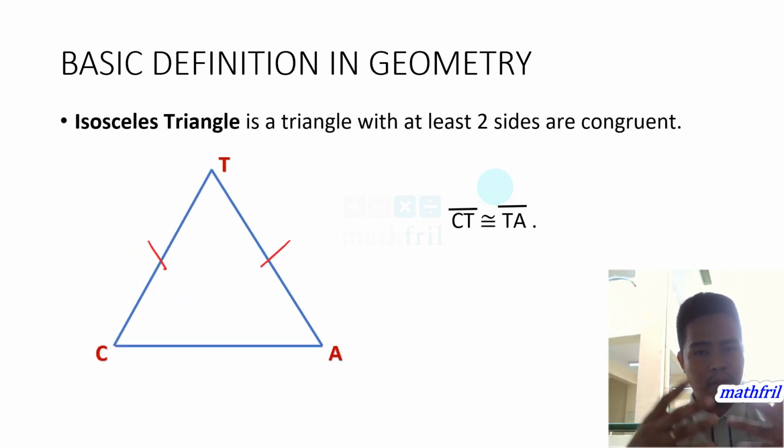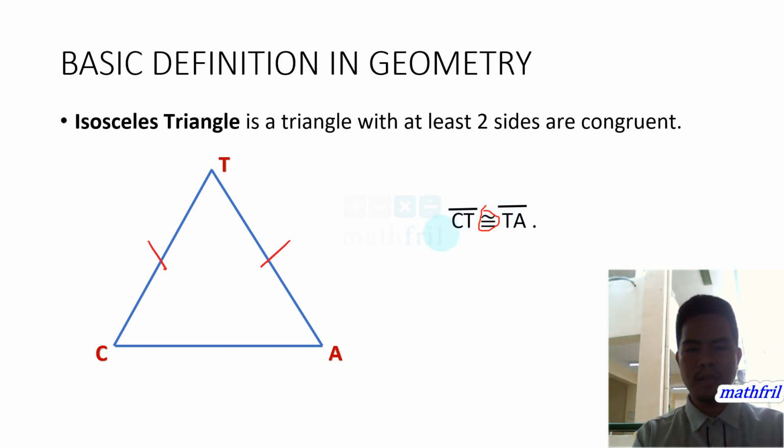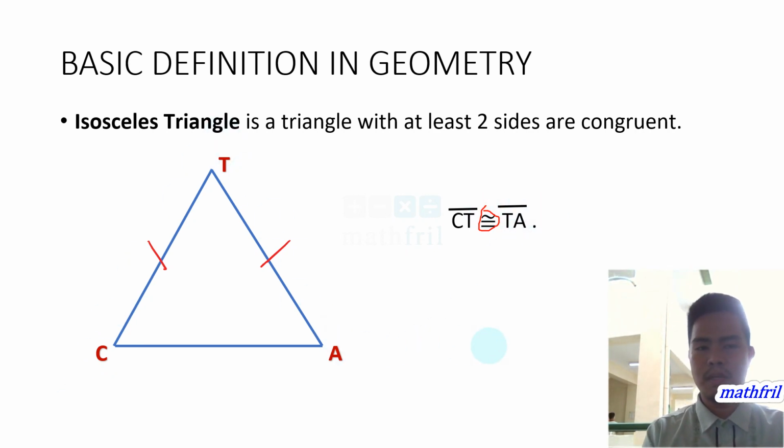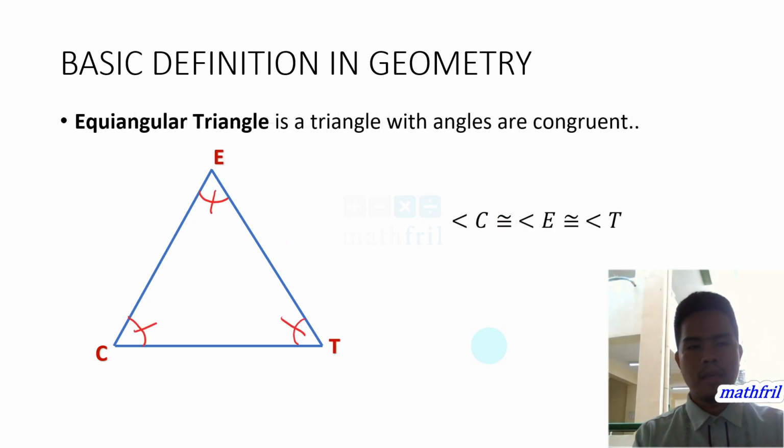Isosceles is a triangle, with regards to sides as well, with two sides equal or congruent. This is the symbol for congruent. Line segment CT and line segment TA are isosceles because they have two congruent sides.